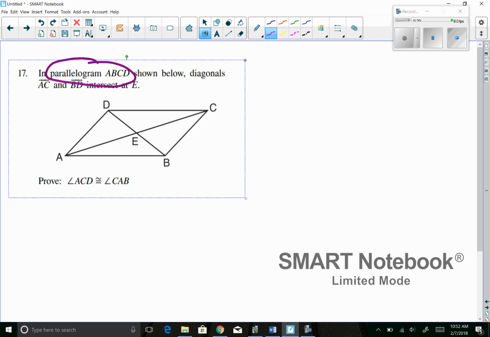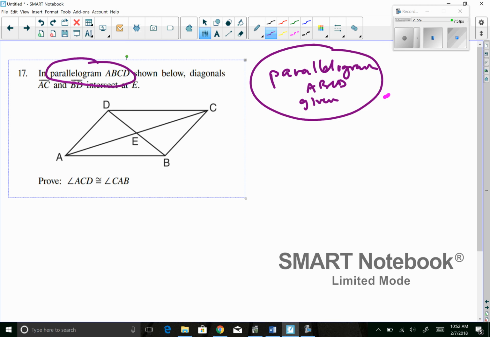So if I know that it is a parallelogram, I know the opposite sides are parallel. So I know that CD is parallel to AB, because in a parallelogram, opposite sides are parallel.